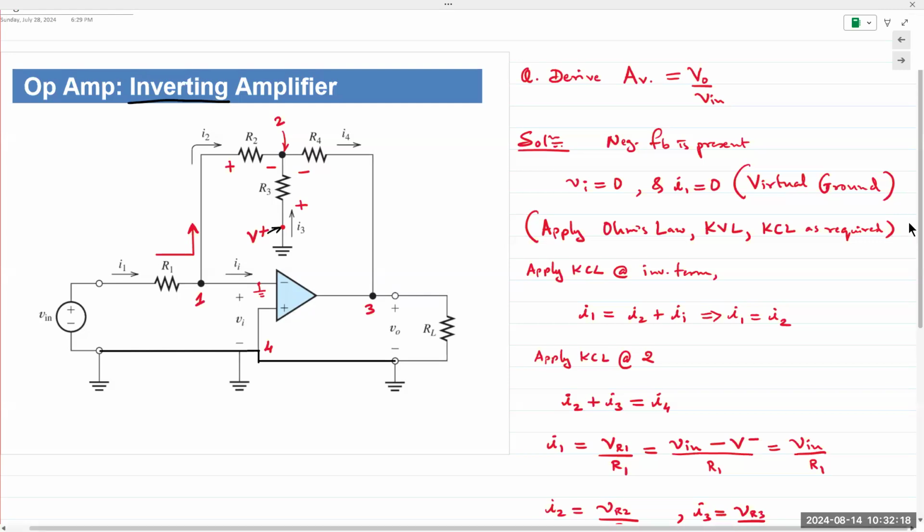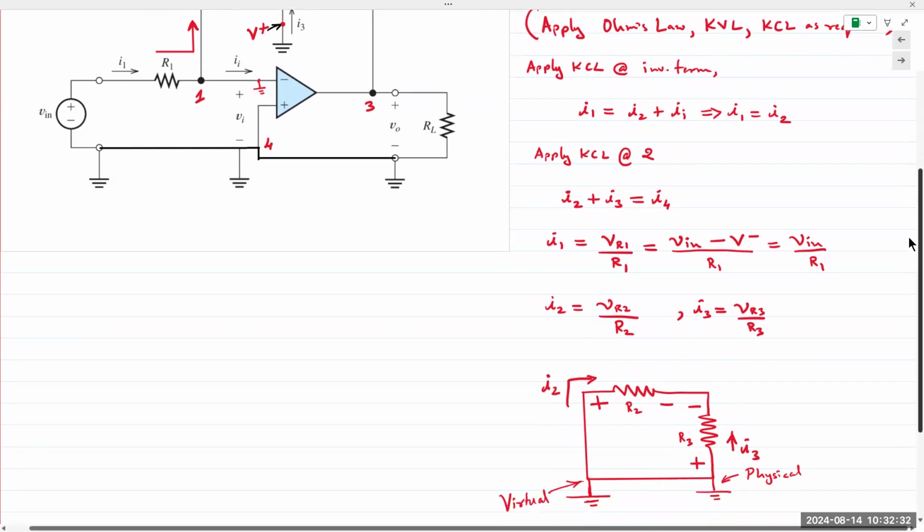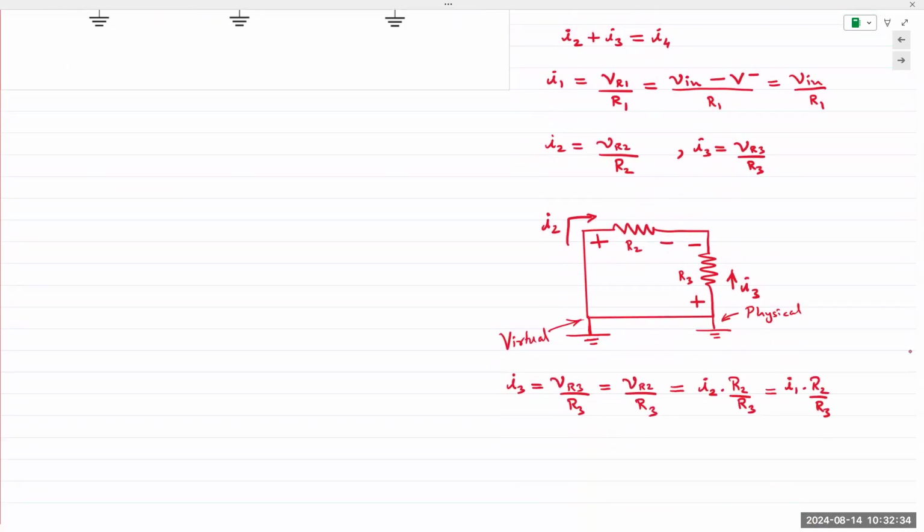So what I did was I wrote a KCL at node 2, which gave me I2 plus I3 is I4. I wrote out the equations for I1, I2, I3 from Ohm's law, and then just plug everything into it until I obtain V in. So once I have I1 times R2 over R3, I1 is given by V in over R1.